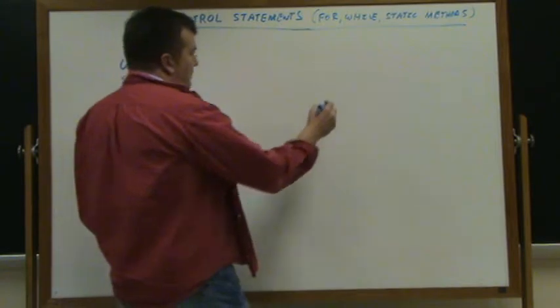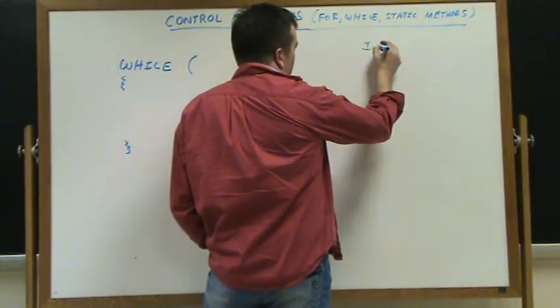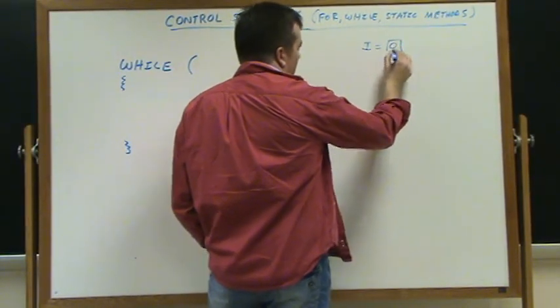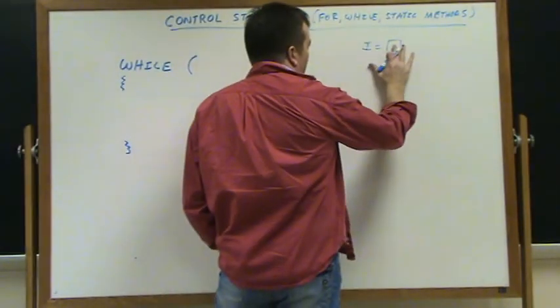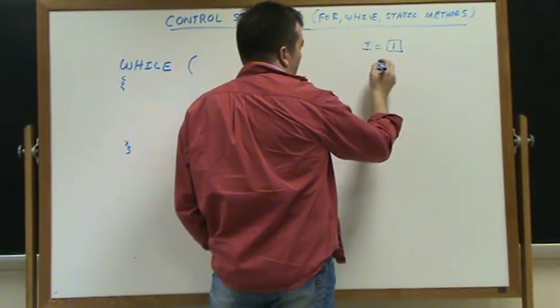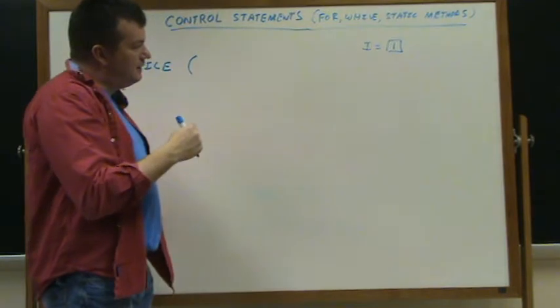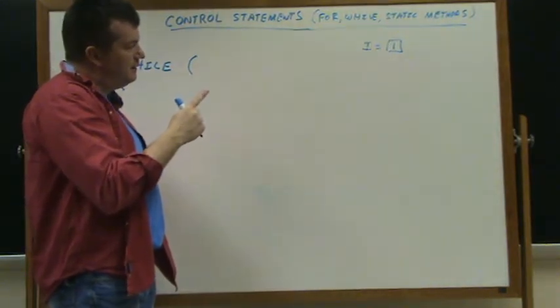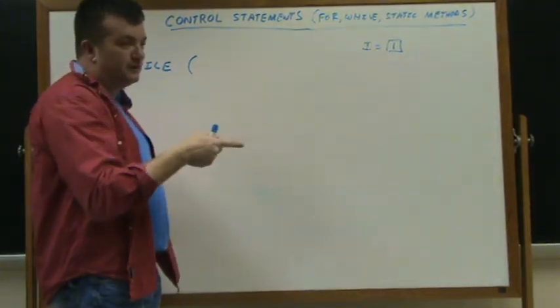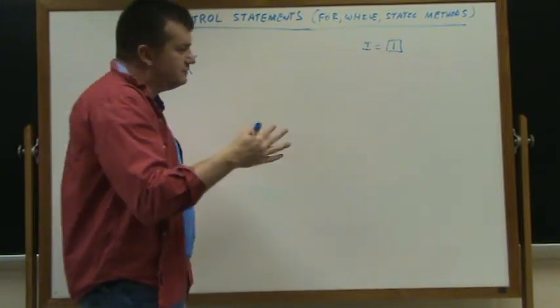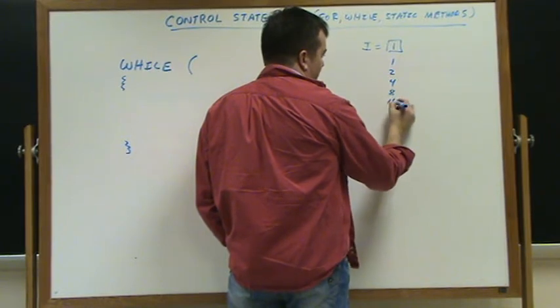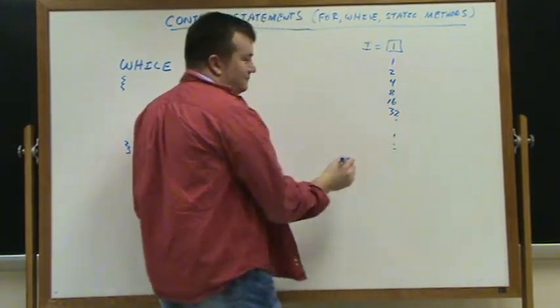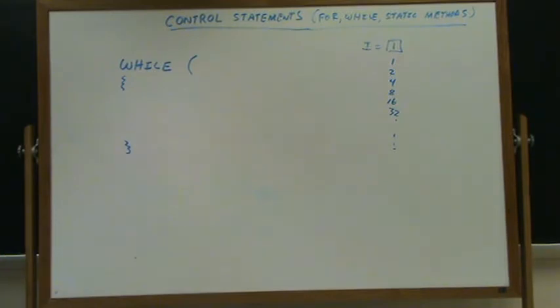You start with a number I equals 1, and we want to print out the number I is equal to the previous number times 2. So we want to print out 1, 2, 4, 8, 16, 32, and so on. Let's say we wanted to do that.